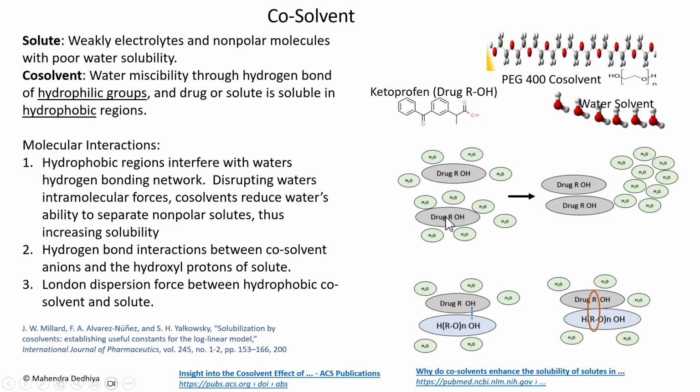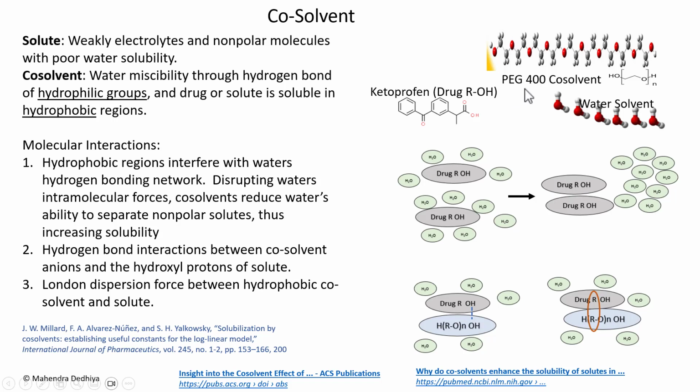So when we mix just the water and ketoprofen drug and stir it and mix it, it will separate. Reason for separation is water molecules will form hydrogen bonds and squeeze the drug out.